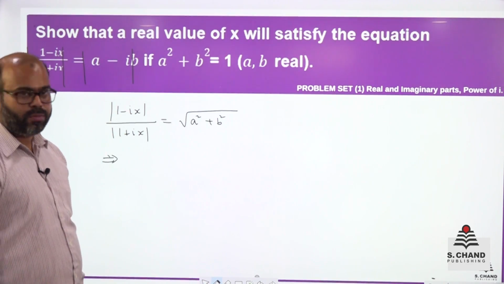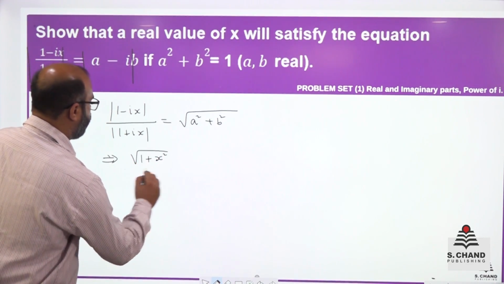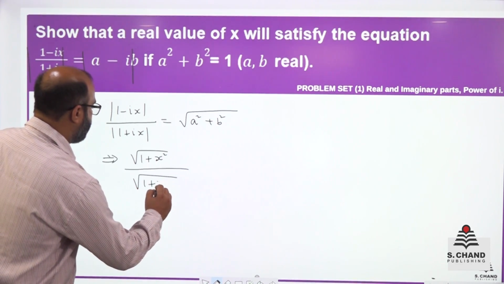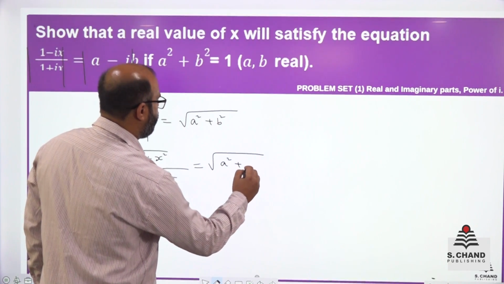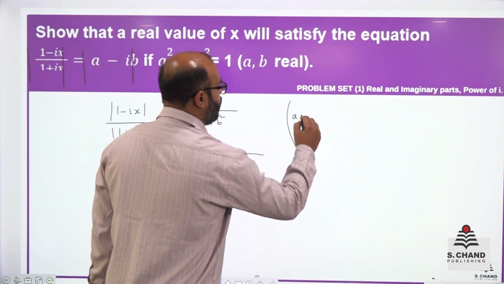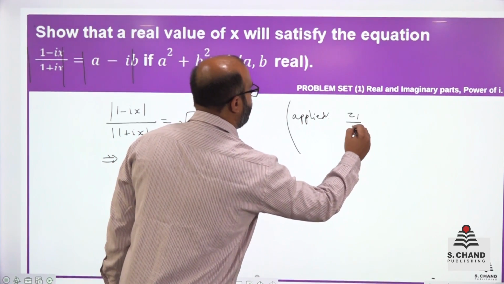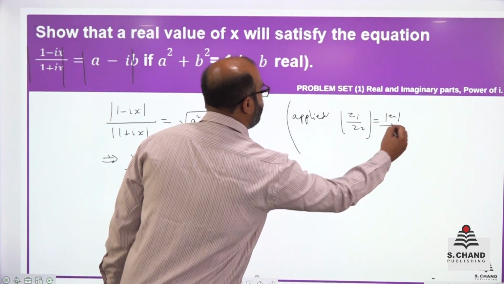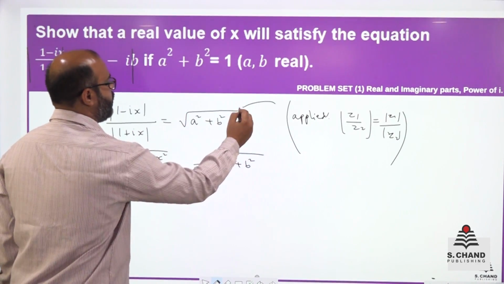This implies mod of 1 minus iota x is root over 1 plus x square, because minus x whole square is also x square, divided by root over 1 plus x square, is equal to root over a square plus b square. So you can mention here that you have applied the property mod of z1 by z2 is equal to mod z1 by mod z2.